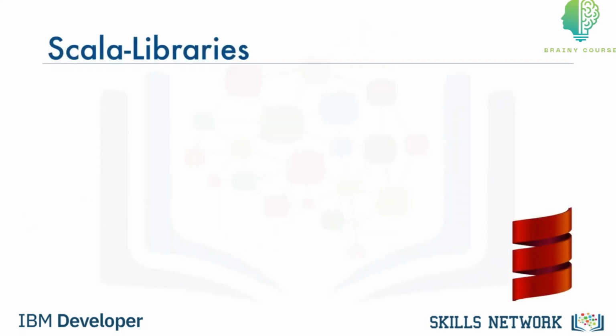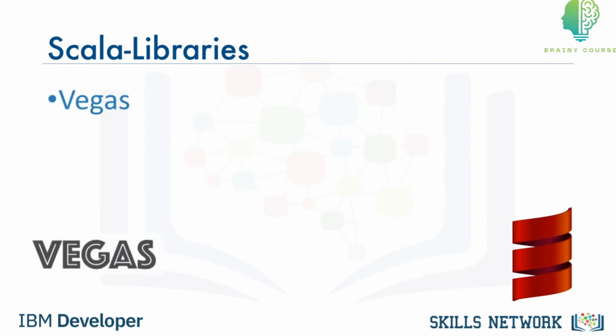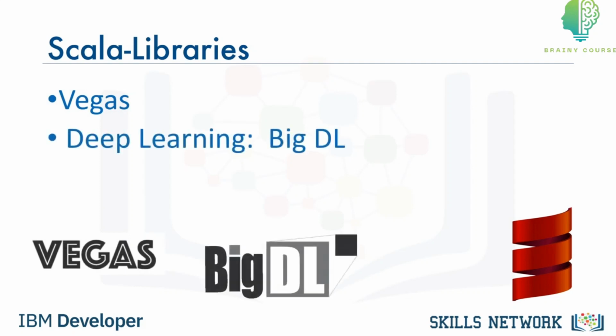There are many libraries for Scala, which is predominantly used in data engineering but is also sometimes used in data science. Let's discuss some of the libraries that are complementary to Spark. Vegas is a Scala library for statistical data visualizations. With Vegas, you can work with the data files as well as Spark data frames. For deep learning, you can use BigDL.